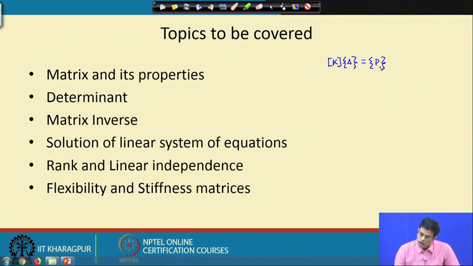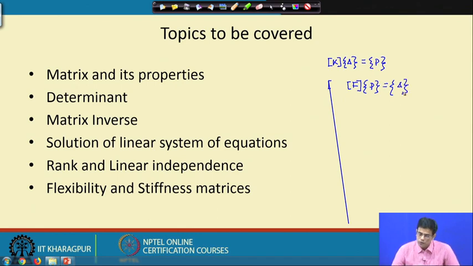This is popularly known as the stiffness method or direct stiffness method. Another method we will also discuss in the latter part of this course is the force method, where we will use the flexibility matrix F and the unknown force with the known displacement. This is also known as the force method.